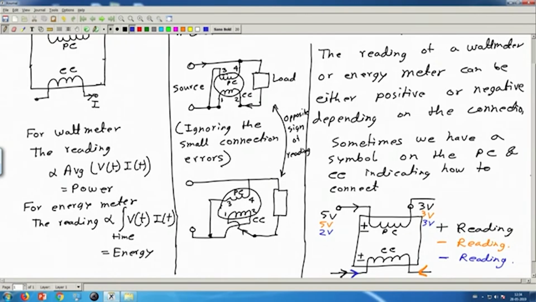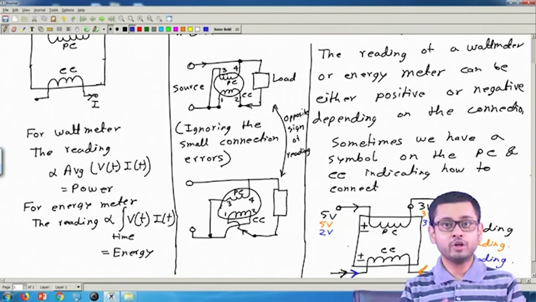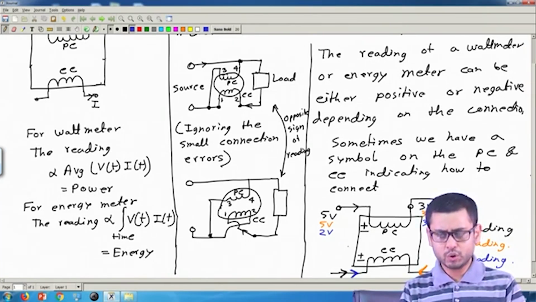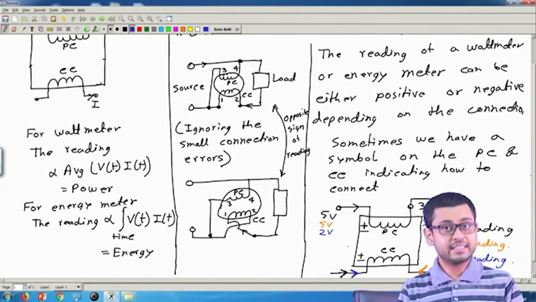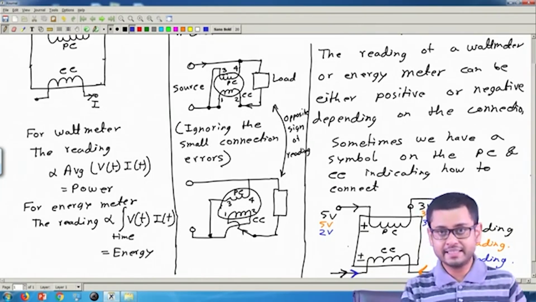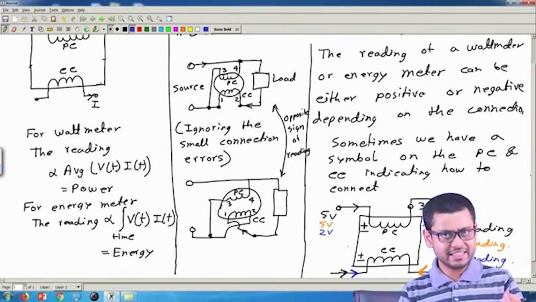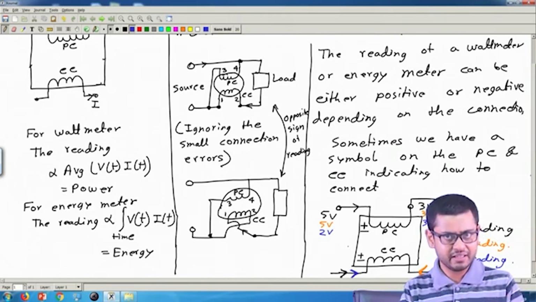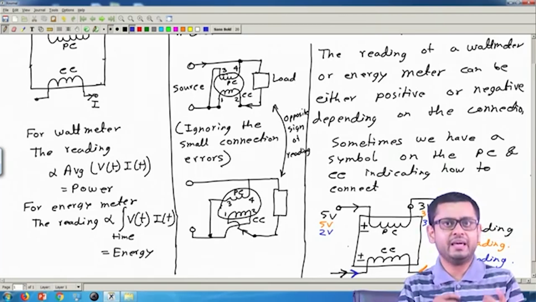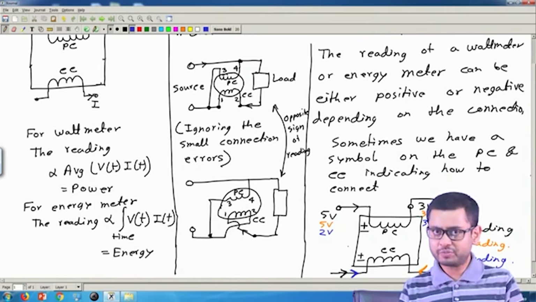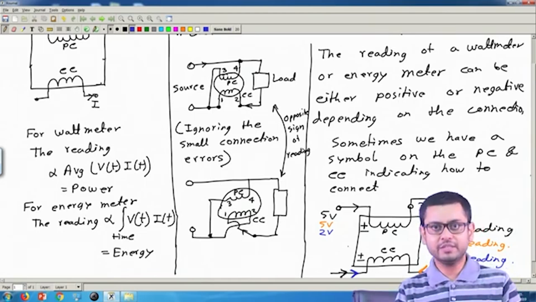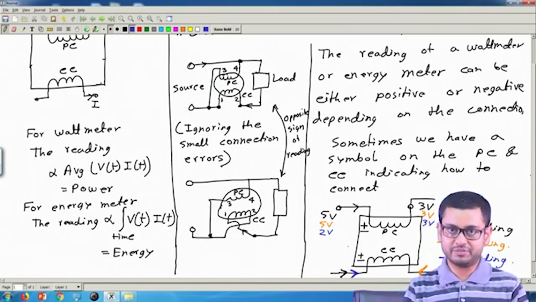Okay. So sometimes this type of conventions, this type of symbols are used. Once again, do not at all try to memorize this thing. What I will suggest you is that whenever you see a new instrument in your lab or in your workplace, try to see, are there any symbols? Is there any manual? Go and read the manual. If there is any symbol, apply your common sense and try to understand what they may mean. Do some small experiment, apply some known voltage and current and see whether the pointer is moving to the positive direction or to the negative side.